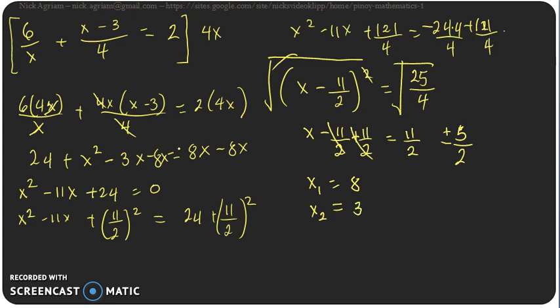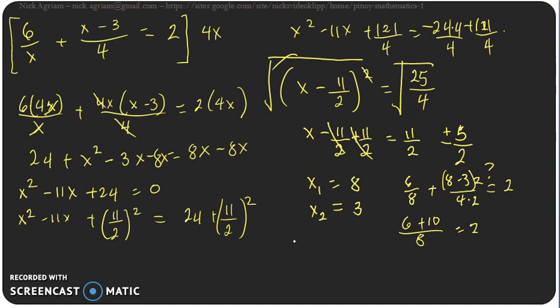Okay, and then we will check if we've done right. For example, I will check now when x is equal to 8. So 6 divided by 8 plus 8 minus 3 divided by 4, is that equal to 2? If I double this by 2, then I have 6 plus 8, which is 16, divided by 8 is equal to 2.